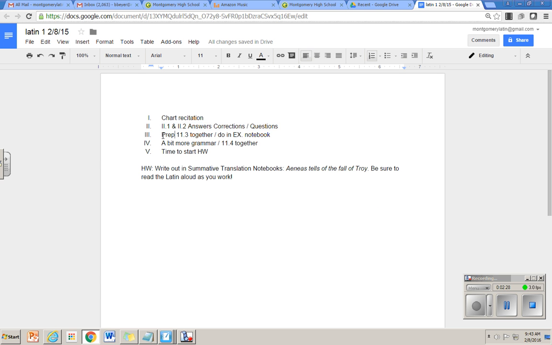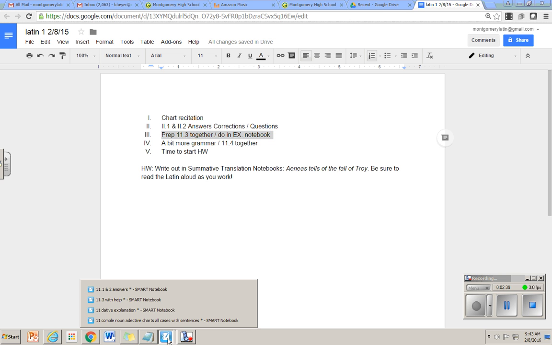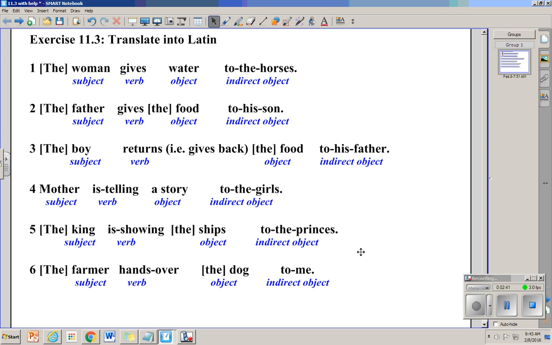Okay, and then we did 11.3 in your notebooks, in your exercise notebook. So here I put this following help up, simply showing you which word is the subject, which word is the object, which means it should be accusative case, right?